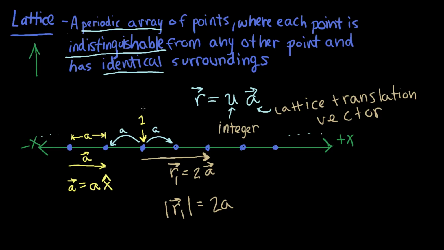I could draw another vector from this lattice point over here to this one. We'll call this R2.